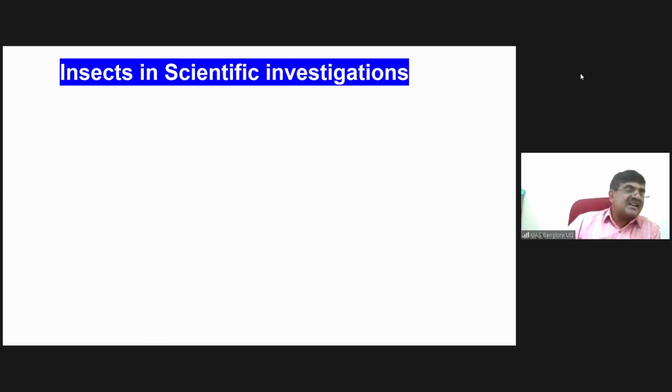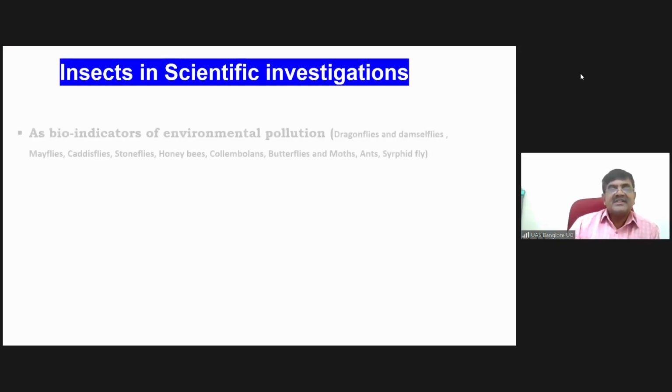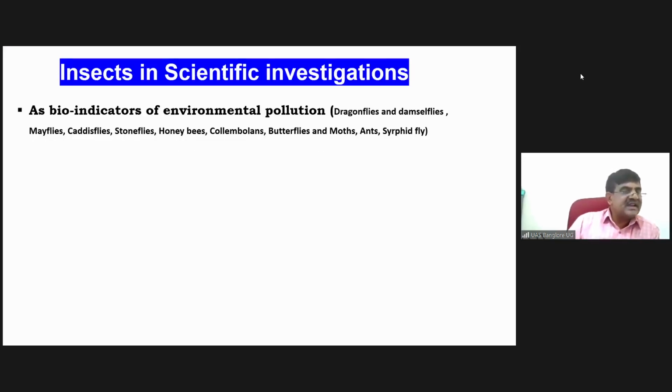Next, insects can be used in scientific investigations. Insects can be used as bioindicators of environmental pollution. That means if an area is heavily polluted, the insects will leave that area.